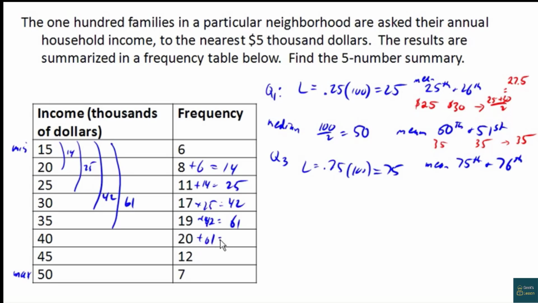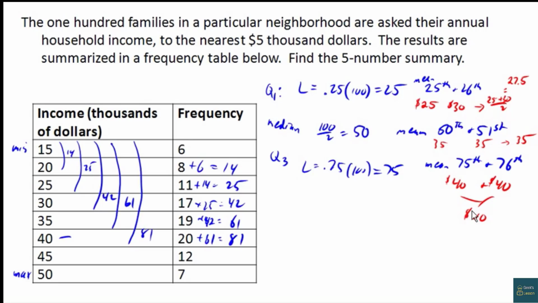So we have 81 pieces of data if we go all the way down to here, which means the 75th and 76th pieces of data must have been in the 40,000 category. So 40,000 and 40,000. And if we find the mean of those, of course, we're going to get 40,000. And so it looks like our quartile 3 value is 40,000.